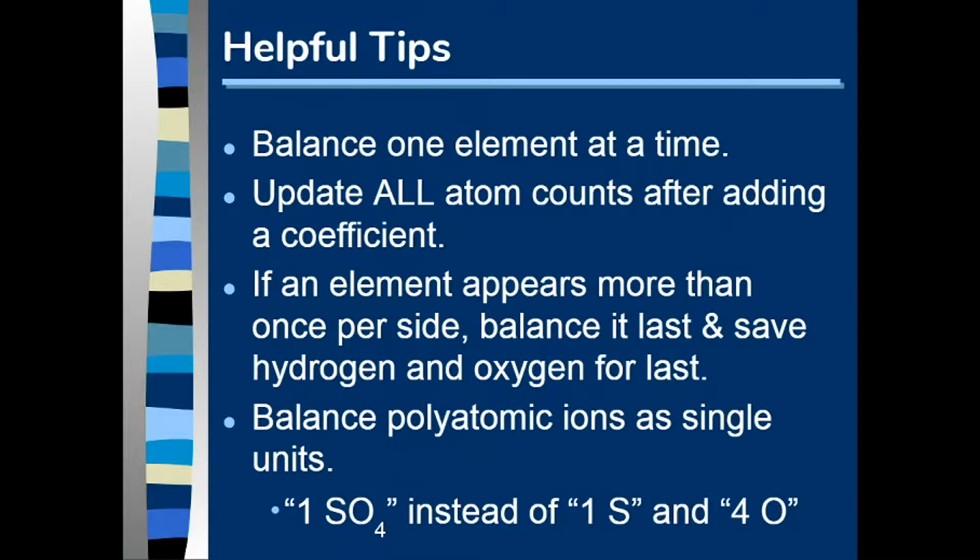Of course, you can only do that if the polyatomic ion stays together in the reaction and appears as that polyatomic ion both on the left side and on the right side. There are some rare instances where those polyatomic ions break apart and you can't balance it that way. But if they're together on the left and on the right, it saves you some time. Again, go ahead and pause if you need a little more time to write those out.